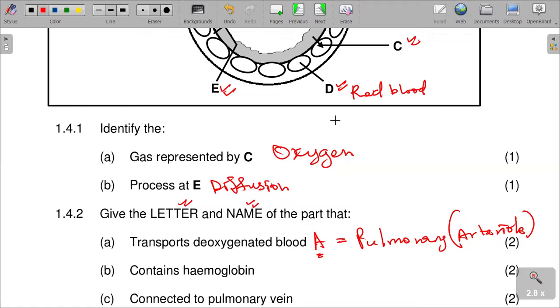We can call that the red blood cell, or we can also call it an erythrocyte.